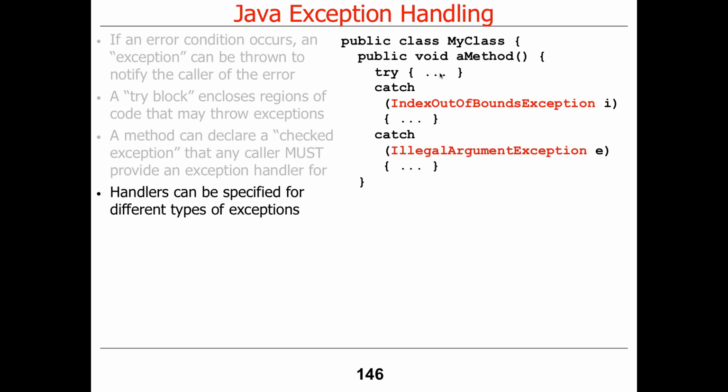If it reaches the end of these blocks and it hasn't got a match, does anybody know what happens with an exception? If you reach the end, what'll happen? It's passed up to the previous number. Right. It'll get passed up the activation record stack, the call stack. So whoever called this method, wherever that call was made, it'll start looking there to see if there are any catch blocks that match.